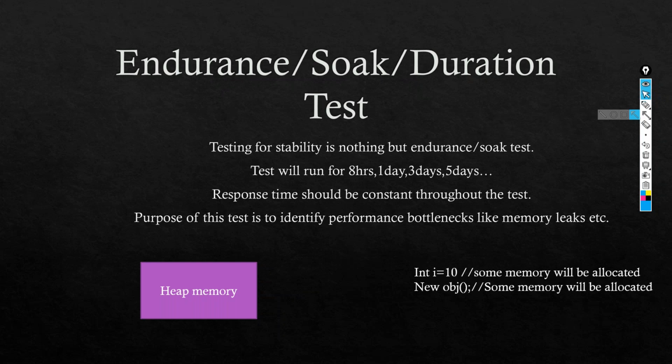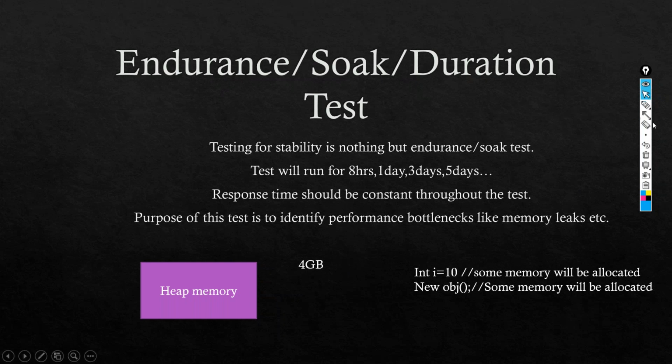For example, if you see here new obj, the developer will create an object like this. Then some memory will be allocated in the heap memory. Let's say that heap memory is 4 GB. Now we are running the test for 8 hours.